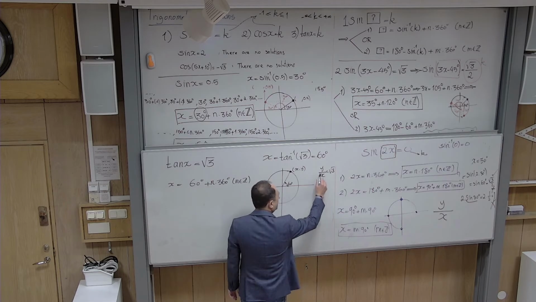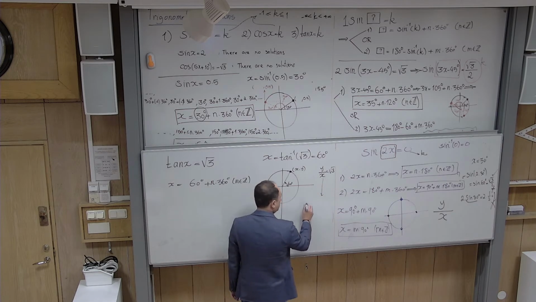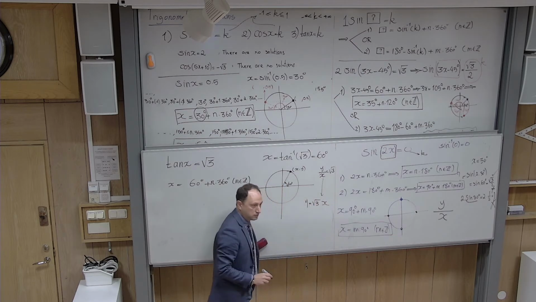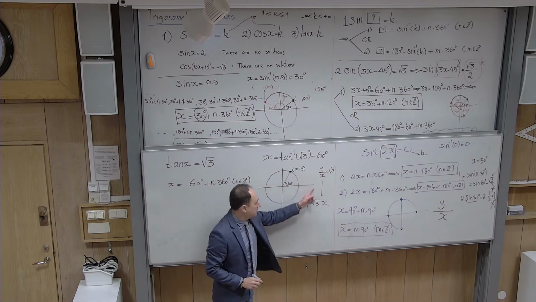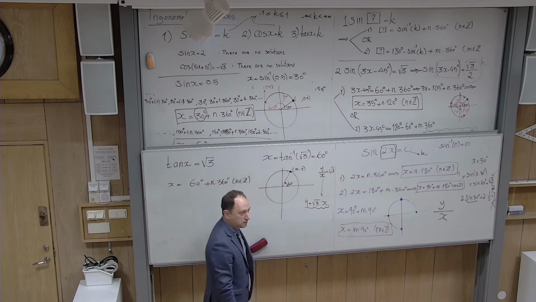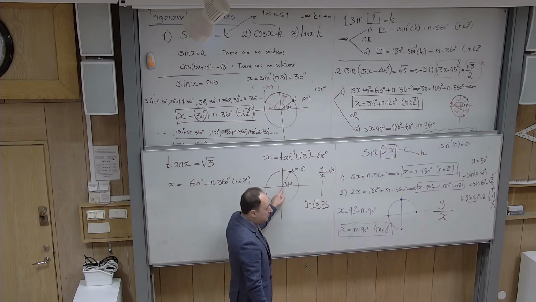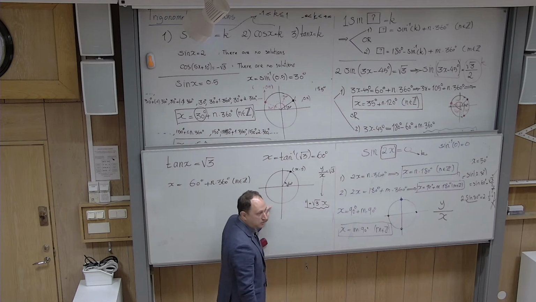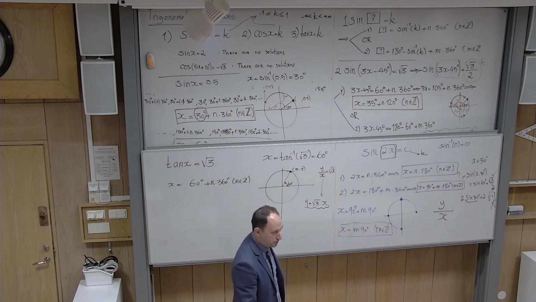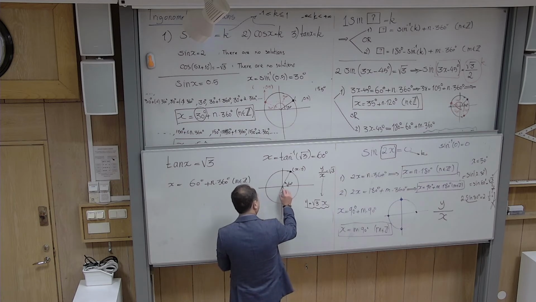Because y over x is equal to a square root of 3 means y is equal to a square root of 3 times x. Do you agree? This can be translated. But if I ask you what does this represent? A line. A line which passes through the origin. Okay? So then this line will intersect the circle at 2 points. So there are no more points, but there are exactly 2 points. Exactly the other one is the opposite.